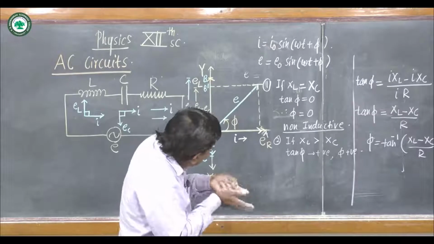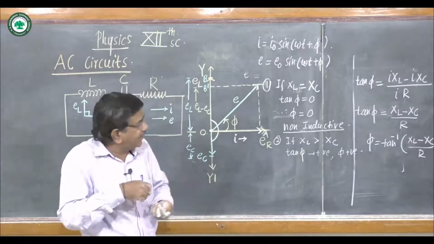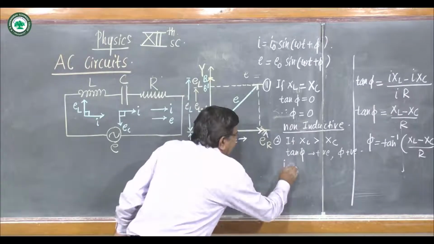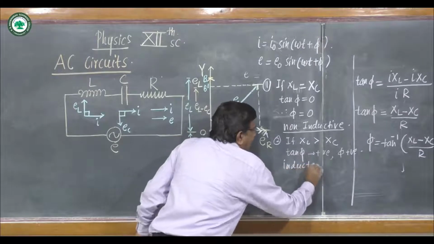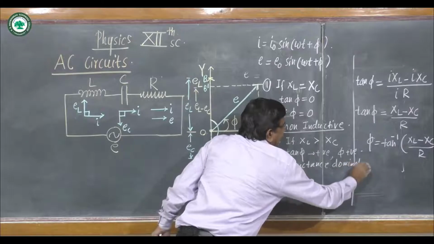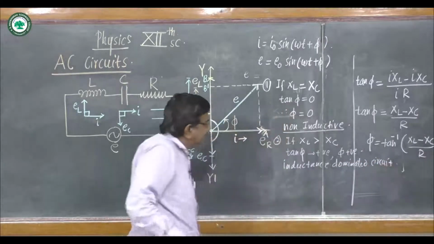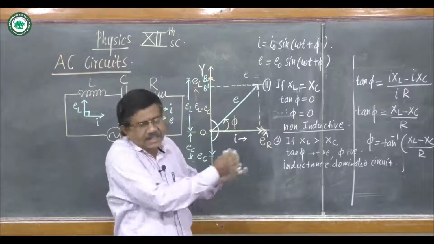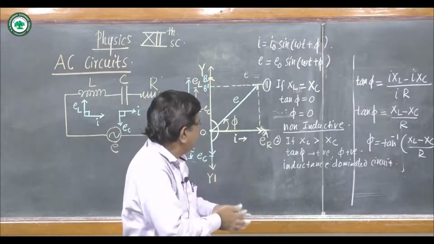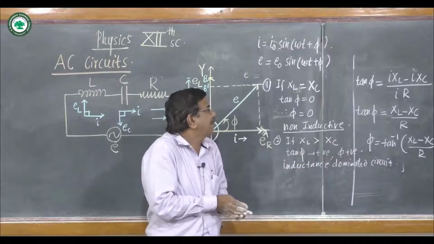And as voltage leads the current, we say that the AC circuit is an inductance dominated circuit. Because we know that in an inductive circuit EMF leads the current. Here also the voltage leads the current. Hence the circuit is said to be an inductance dominated circuit.